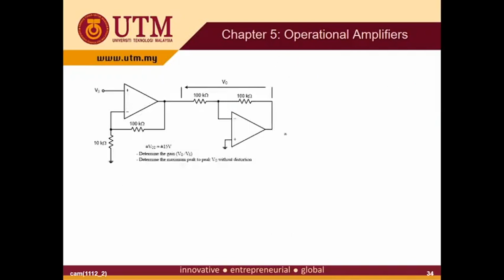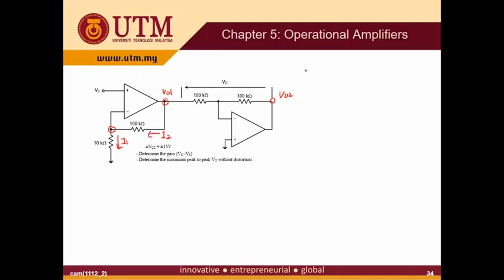Our objective is to calculate what V out 1 is and what V out 2 is. So this is our V out 1 and this is our V out 2. Start with this node to get V out 1. To do the KCL, we need to label the currents, I1 and I2.